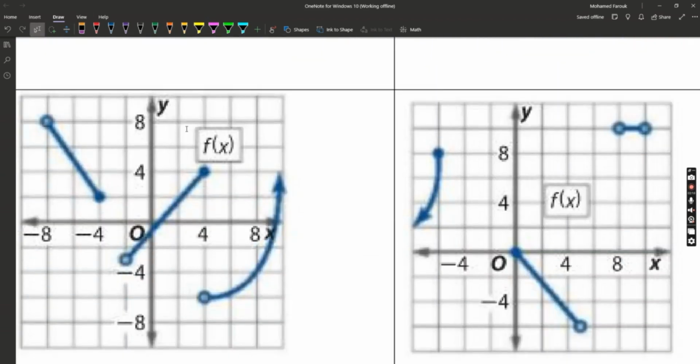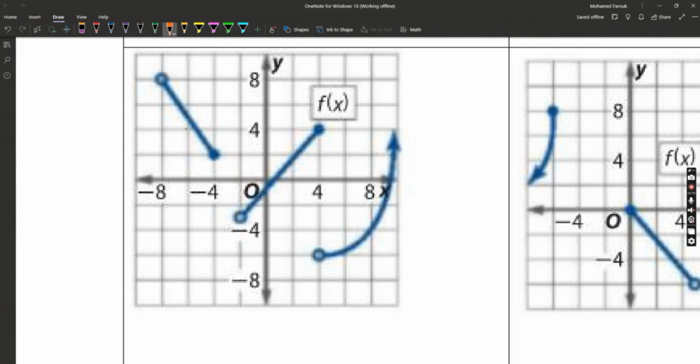Let's continue. Okay, this one is tricky. It's separated into 3 parts. Let's start with the domain. Domain starts from -8, goes all of the way till -4, and then starts again from -4, goes all of the way till 4, and then starts again at 4 and goes all of the way. We have an arrow here.